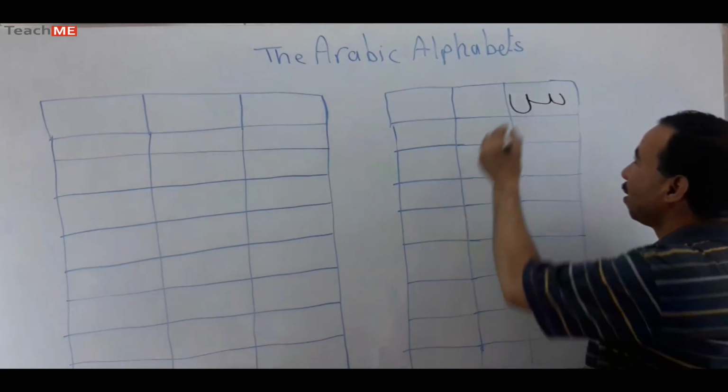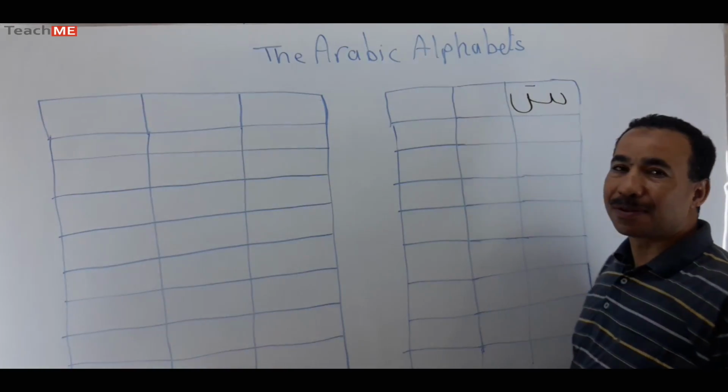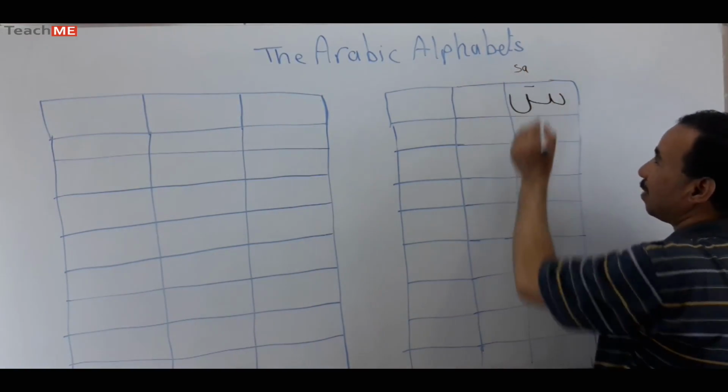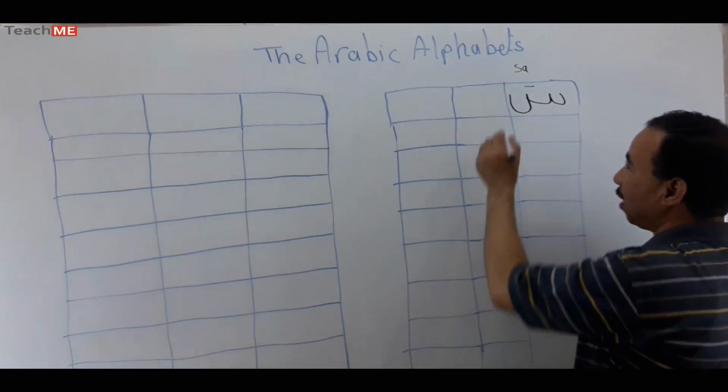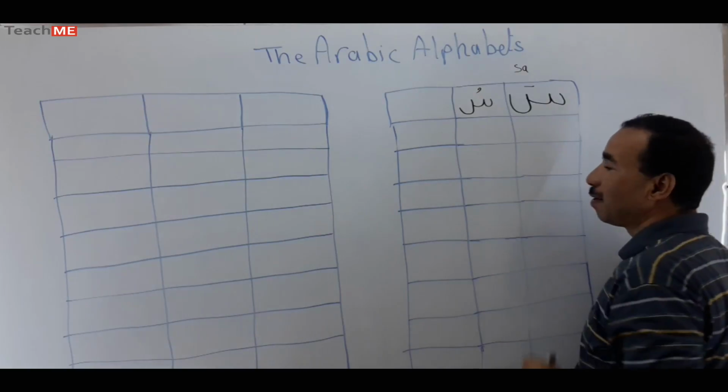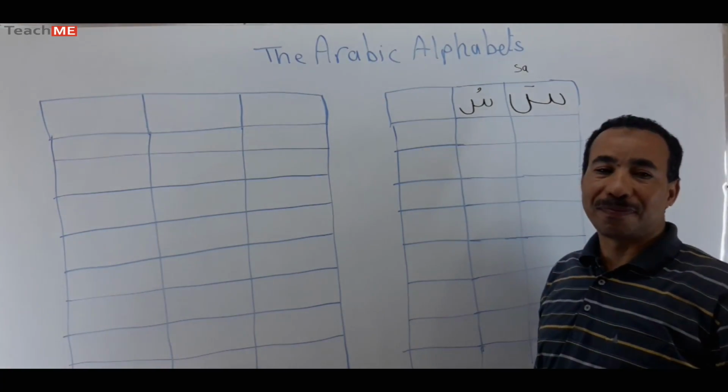If we put fatha, we call it sa. If we put dhamma, we call it su.